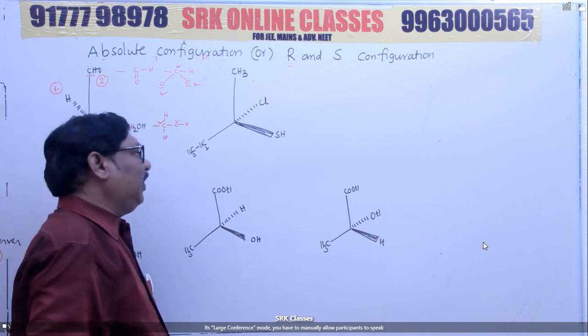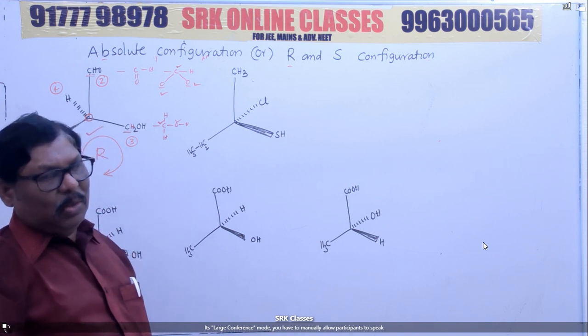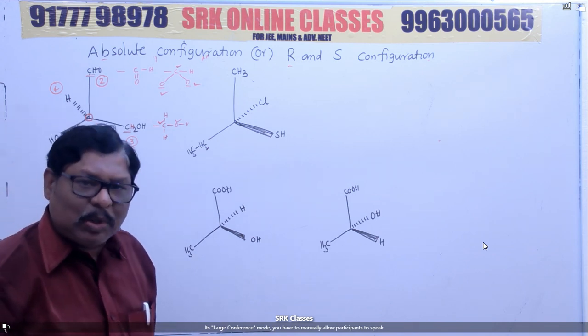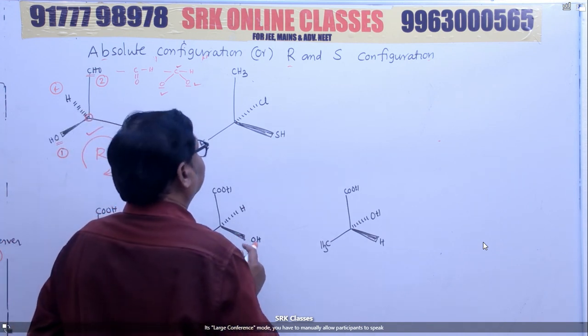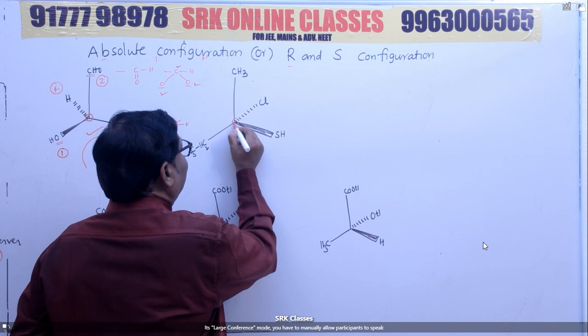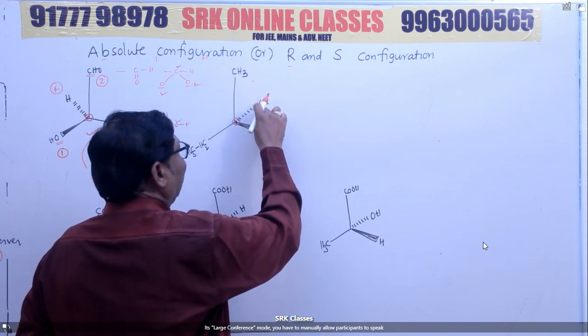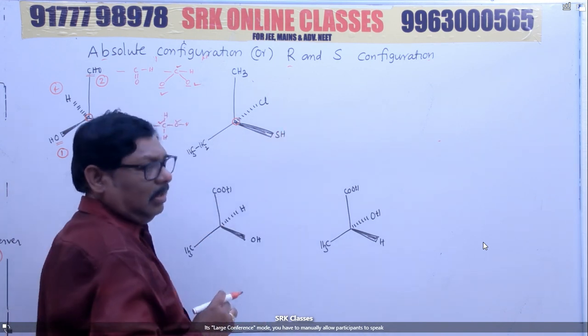Now, we'll work out the second one. Same rules we have to apply. What is the first rule? Give the priority for the 4 substituents which are attached to the chiral carbon. Now I am writing the priority. This is the chiral carbon. Carbon 6, chlorine 17, sulfur 16, carbon 6.